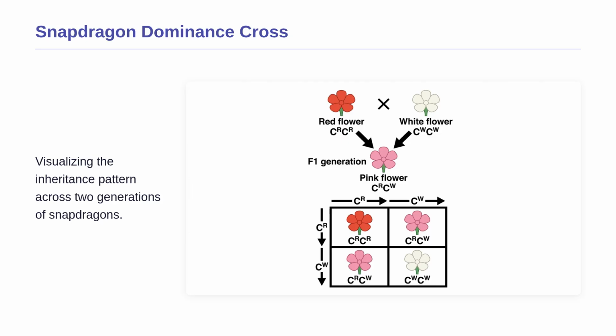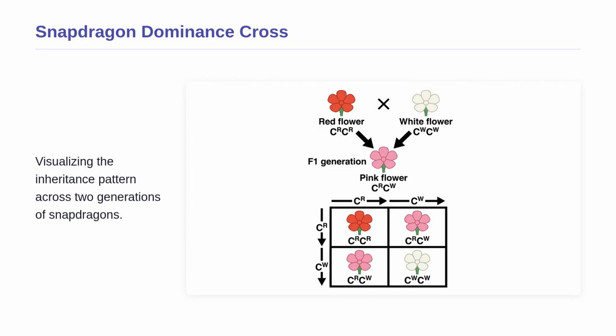Now that we have proven the math, let us visualize this beautiful mechanism. On screen, you are looking at the complete genetic cross for snapdragons. At the very top, we have our pure red and pure white parents. Following the arrows down, you see the first generation, which consists entirely of blended pink flowers.